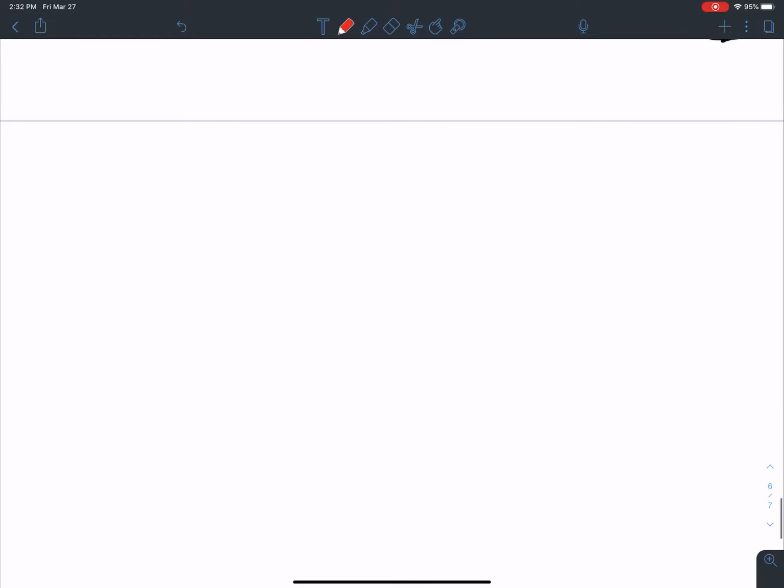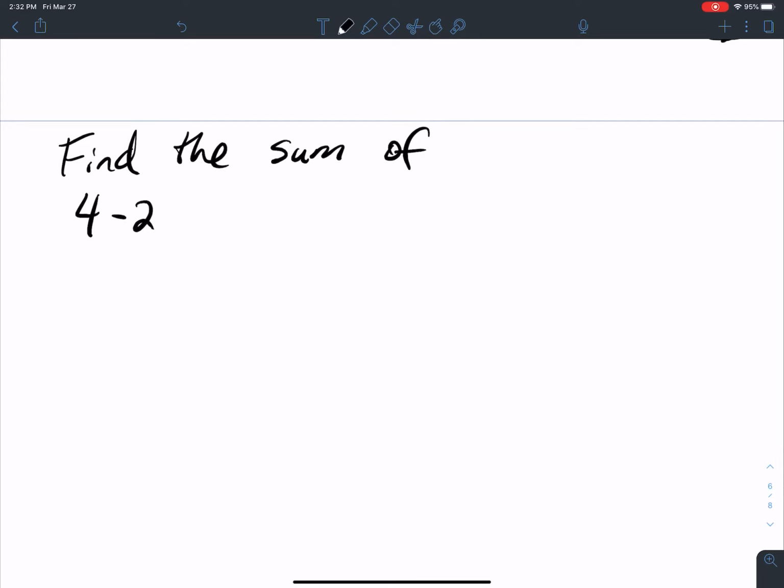Let's try this one. Find the sum of 4 minus 2 plus 1 minus 1/2 plus ... How do we do this? Well, we got to figure out what the nth term is. Okay? So it all depends on where you want to start.